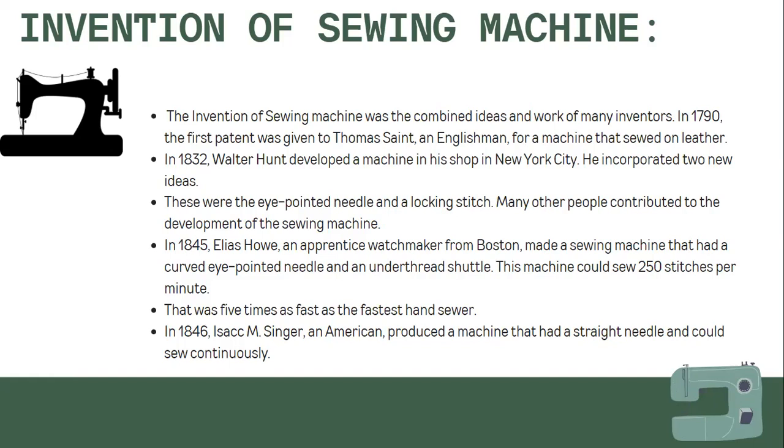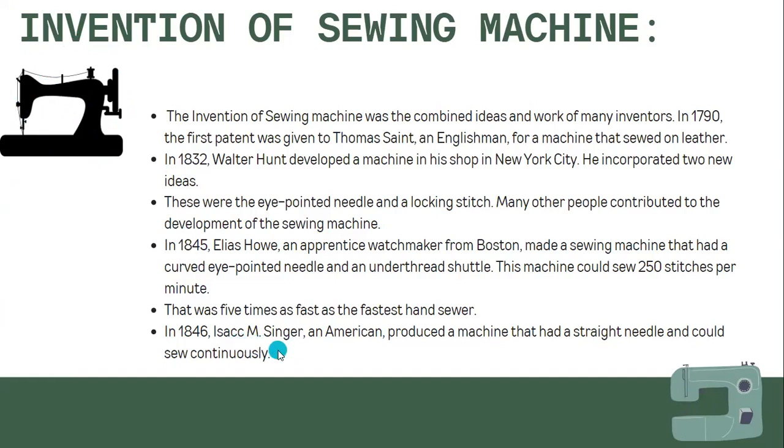And in 1845 Elias Howe made a contribution by giving different types of needle and an under thread shuttle, so that the machine could sew 250 stitches per minute. And finally, the foundations of the present day machine as we see it now were laid by Isaac Singer.